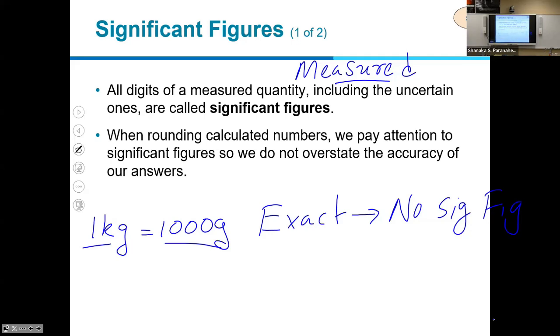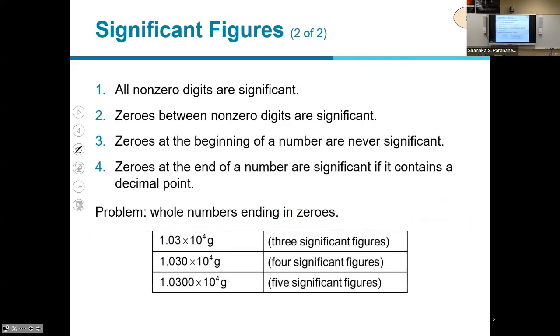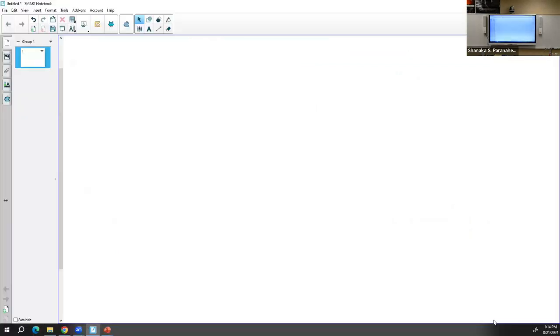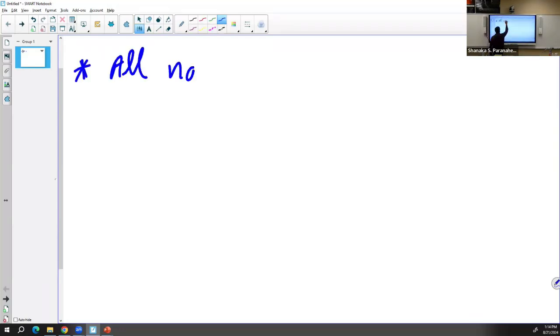So we are going to follow two rules during the calculation and apply the significant figure rules. I'll explain these with some examples. So this is the first rule: all non-zero digits are significant.